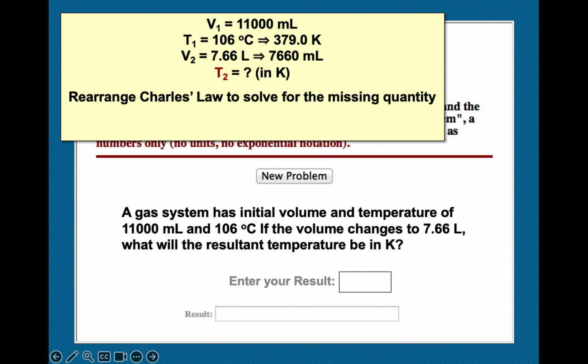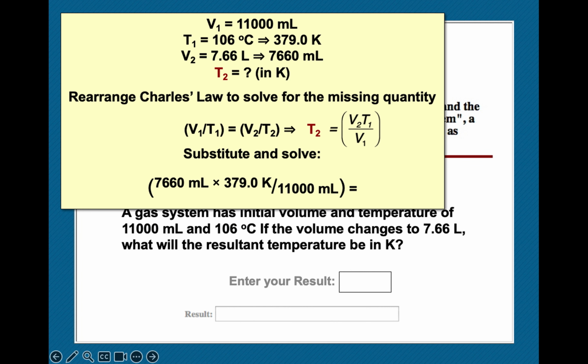We start off with Charles's law. V1 over T1 equals V2 over T2. Solve for T2: V2, T1, over V1. We substitute. Milliliters will cancel. We're left with Kelvin. And we're at 264 Kelvin.